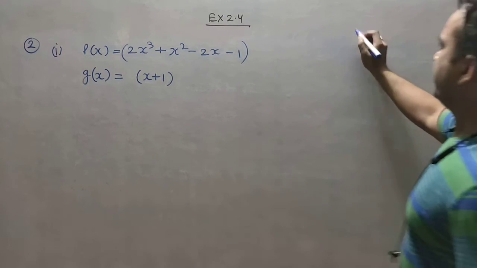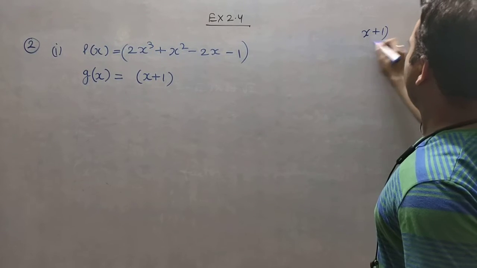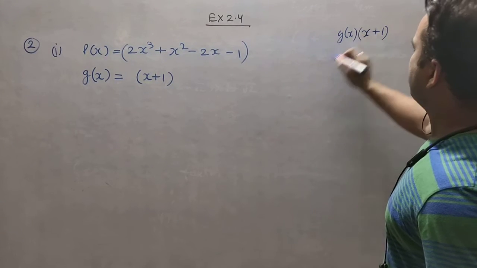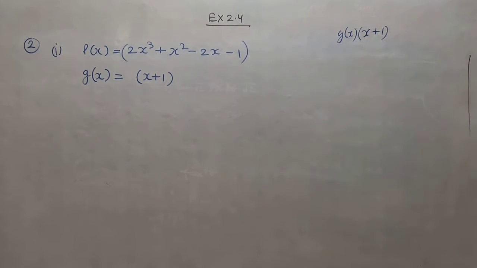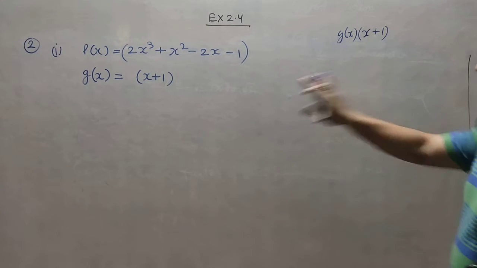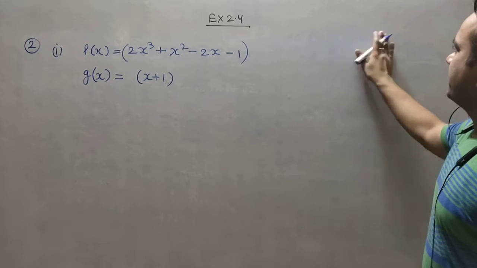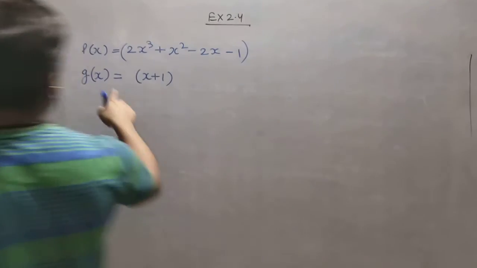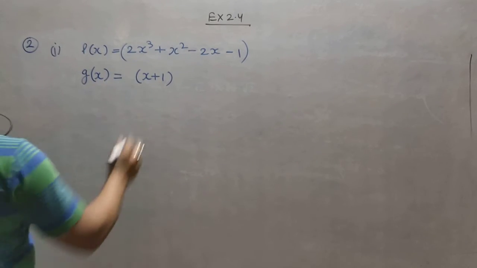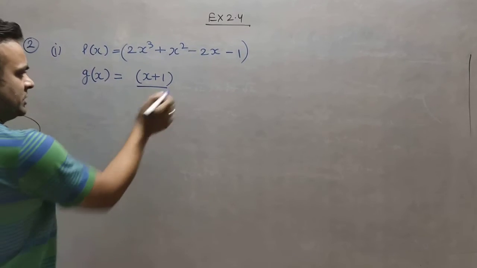In the first question, we had to check it as g(x), and that polynomial was p(x). So here also the same thing, and x plus 1 is also here. It means again we have to check whether it is a factor of this one or not.